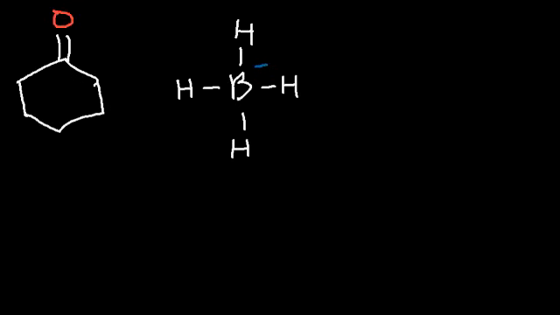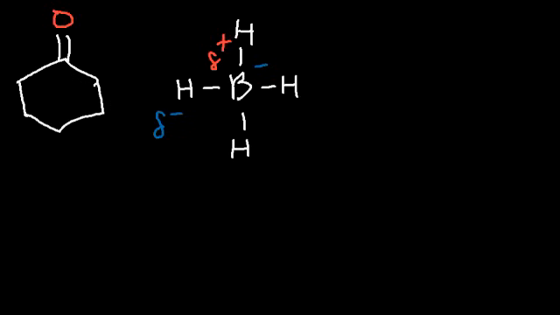If you look up an electronegativity chart in Google Images, you'll see some tables that have hydrogen as 2.1 and boron as 2.0. So hydrogen is slightly more electronegative than boron, so it's going to bear a partial negative charge. And boron is partially positive with respect to hydrogen, even though it has a negative formal charge.